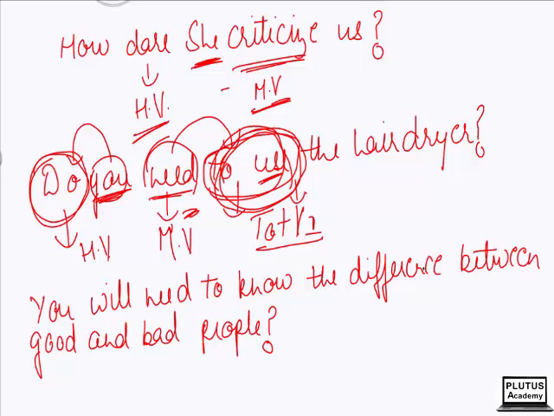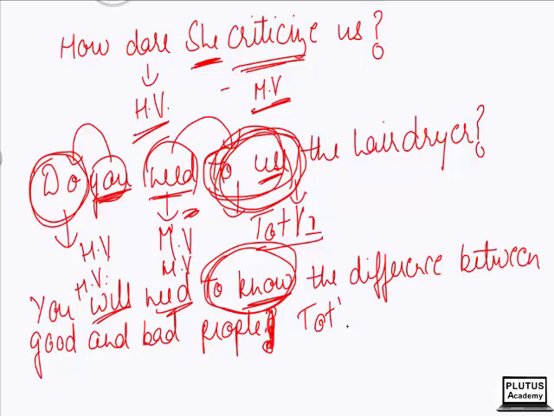You will need to know the difference between good and bad people. Okay, so in this sentence, will is the helping verb, need is the main verb, and the main verb is followed by know, which is again a main verb. So we have converted it into 2 plus V1 form.